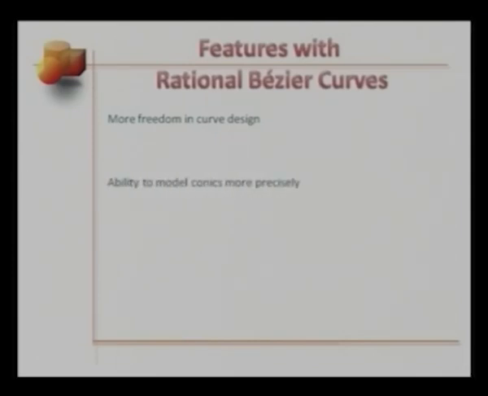This is something that we are going to be discussing a little later, but through rational Bezier segments, we acquire the ability to model conics precisely. Precise modeling of conics cannot be done with polynomial Bezier segments with even higher degrees.